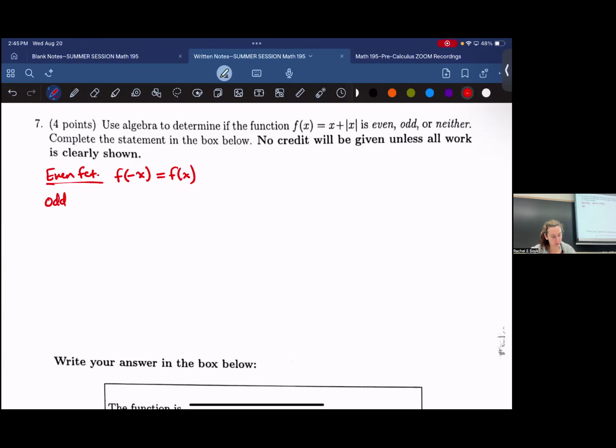Definition of an odd function is when f of negative x is equal to negative f of x. And anytime you're testing, you always want to start with the even. And if it's not even, then you go down to your odd. And if it's not odd, then you know it's neither. So third step, if 1 and 2 don't work, your function is neither.